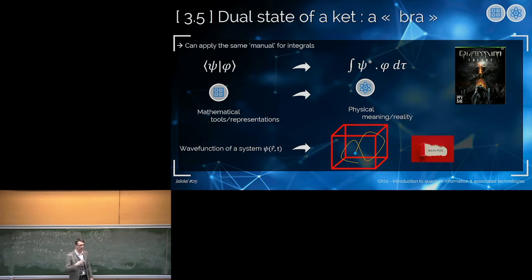Of course, as we said, we are not quantum, so we don't define ourselves as a wave function, but intrinsically, quantum mechanics tells you that any system you're interested in will have a wave function associated to it.